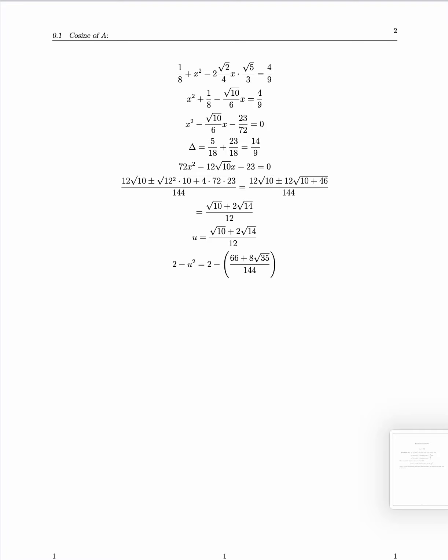So we can, 11 over 36, no, 11 over 24, no, but we have to simplify both of them. So we can only have 33 over 72, and then minus 4 square root of 35 over 72, which equals 101 minus 4 square root of 35 over 72.